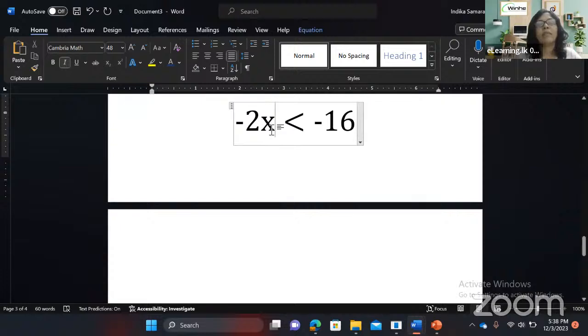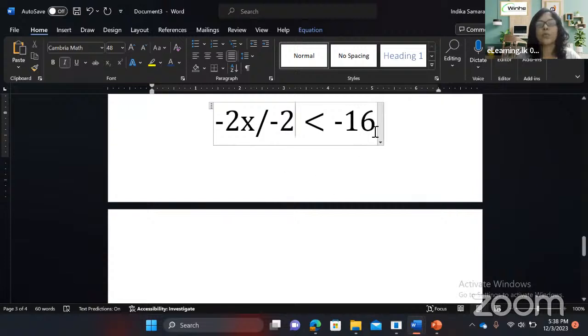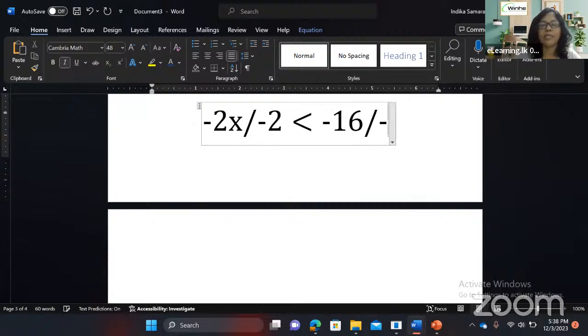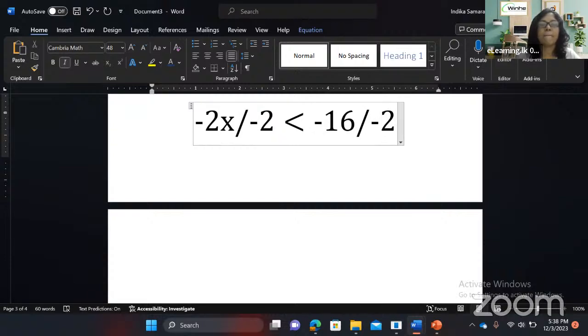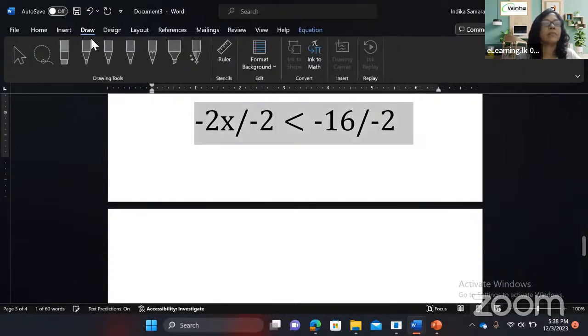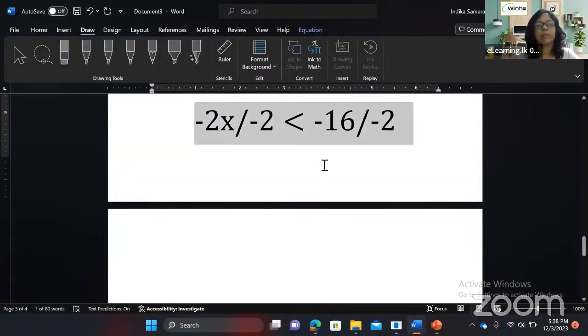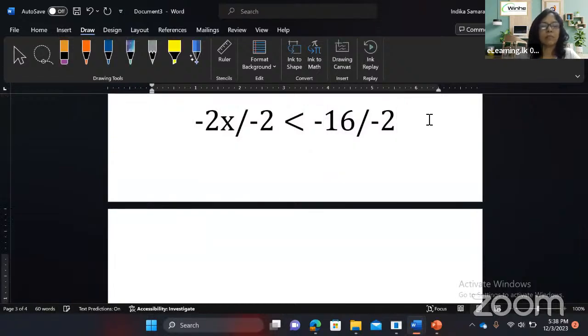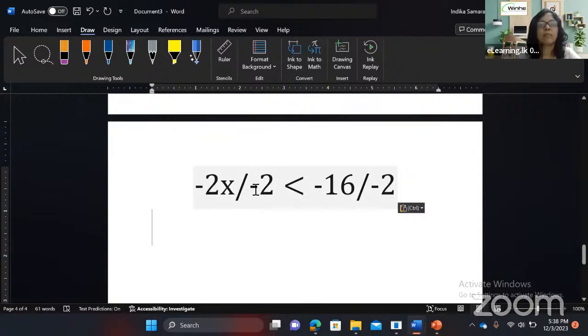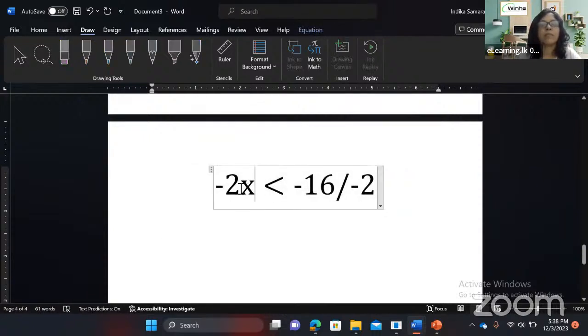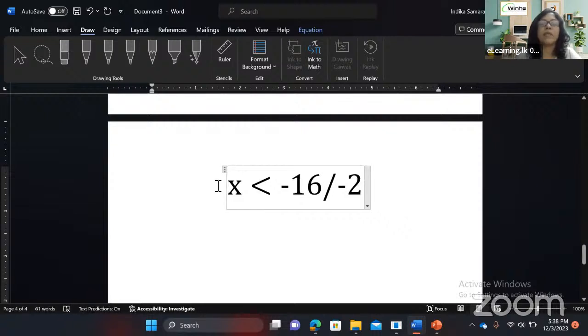So you can divide both sides by minus 2 to remove the minus 2. Then x will become x.